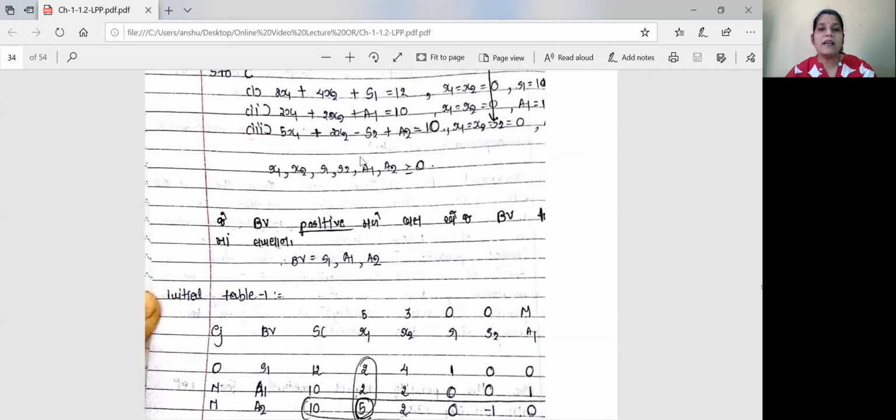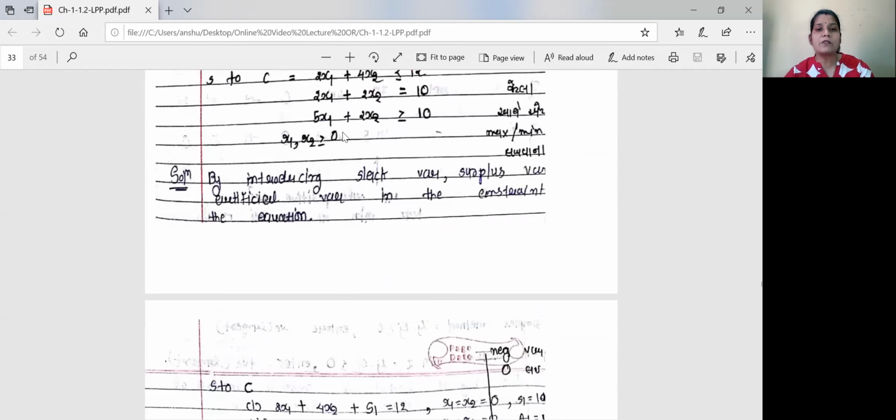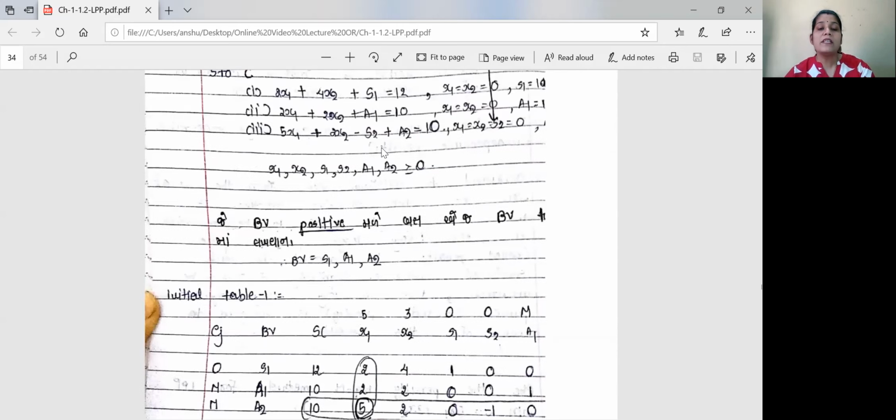Then we add the artificial variable: 2x1 + 2x2 + a1 = 10. And the third equation is greater than or equal to type, 5x1 + 2x2 ≥ 10. That means we use a surplus variable: 5x1 + 2x2 - s2 + a2. Why do we use a2? Because a1 is already used in the second equation.